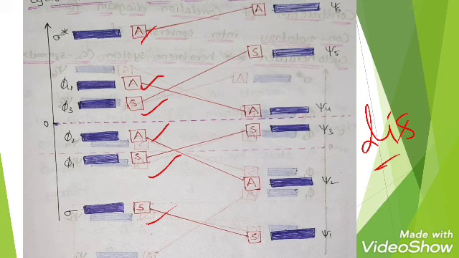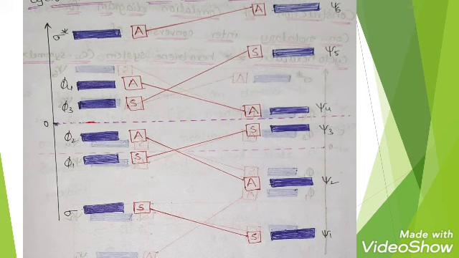So these are the symmetry properties of the mirror plane in cyclohexadiene and hexatriene.